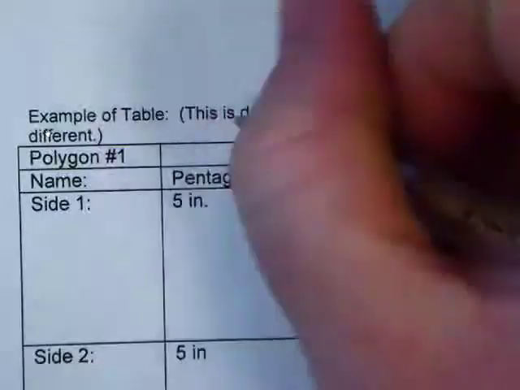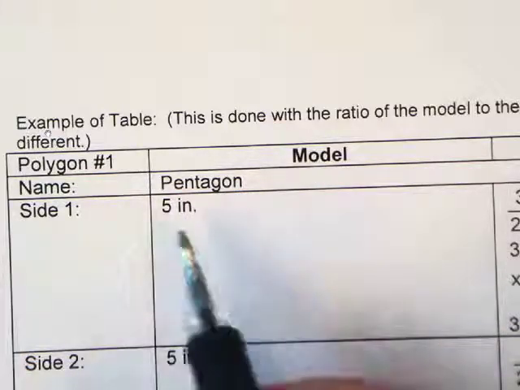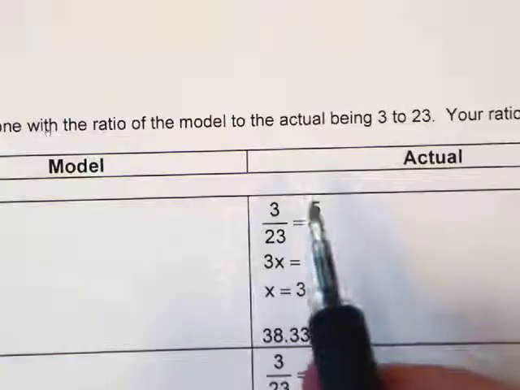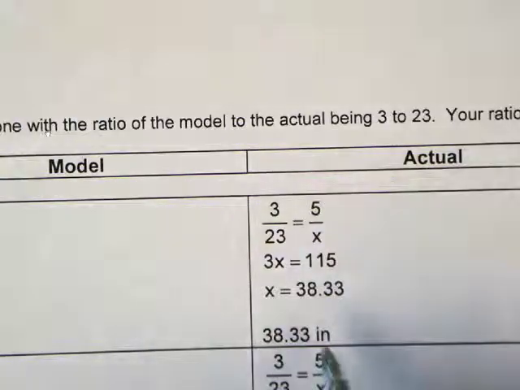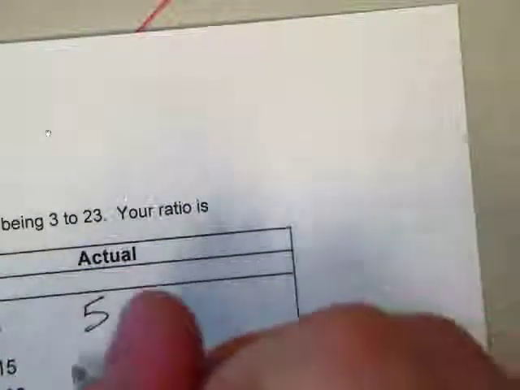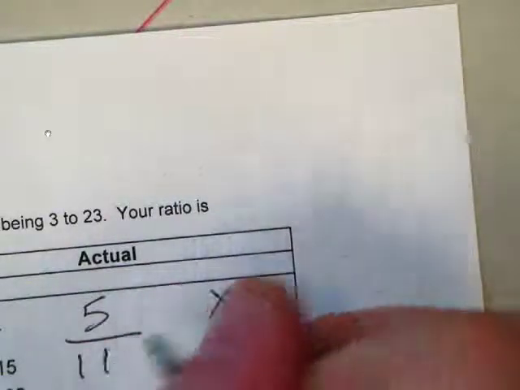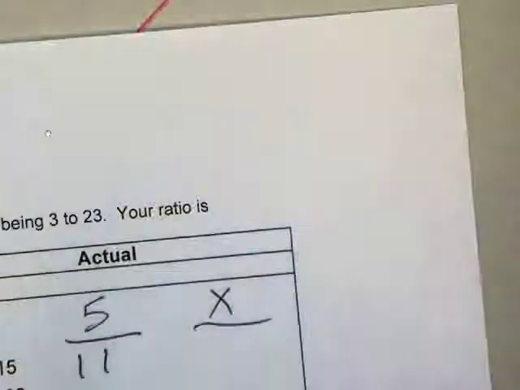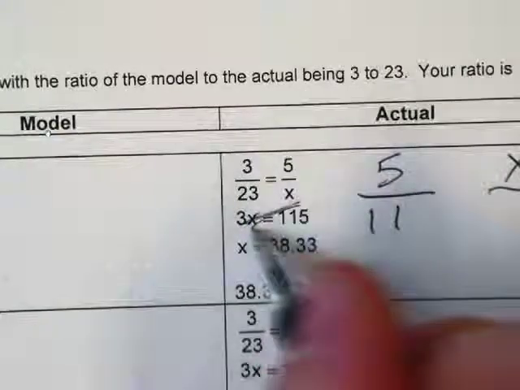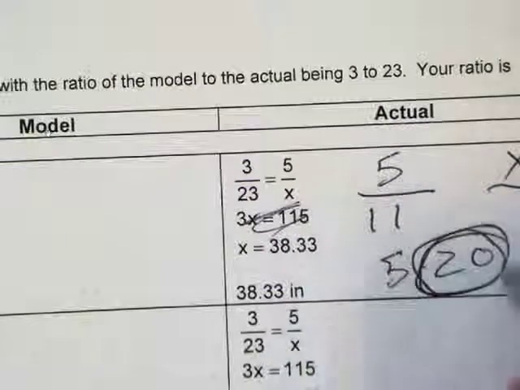So let's say this is a rectangle. Side 1 was, or a pentagon, excuse me. Side 1 was 5 inches. It needs to be increased a certain amount, and you go through. So in our case, I would say, okay, it's 5 inches, and we need to know how big x is. Well, it's times 20. So you do the math. I mean, they're going through this a lot harder than it needs to be. It's just 5 times 20, because everything is 20 times bigger.